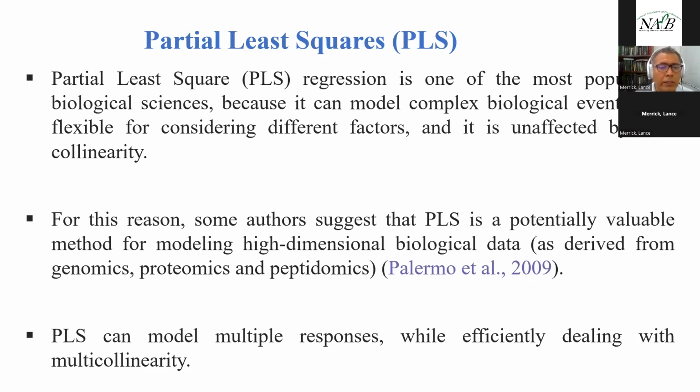For this reason, some authors suggest that PLS is a really important model for working in high dimensional biological data. And for this reason, it's quite popular in biological science for dealing with genomics, proteomics, and peptidomics data. PLS can model multiple responses while efficiently dealing with multicollinearity.